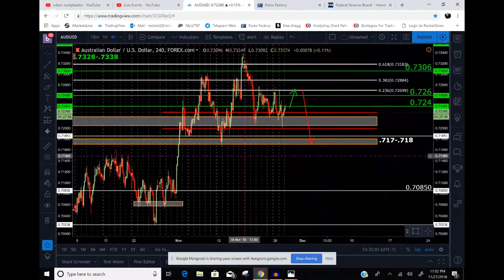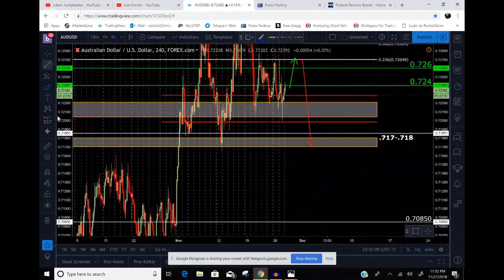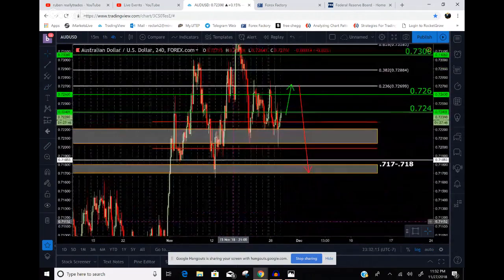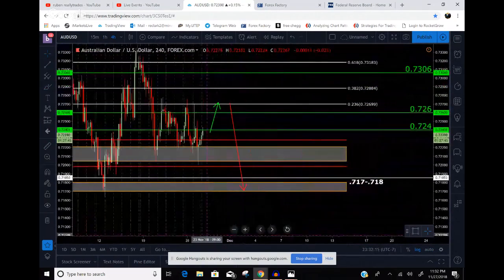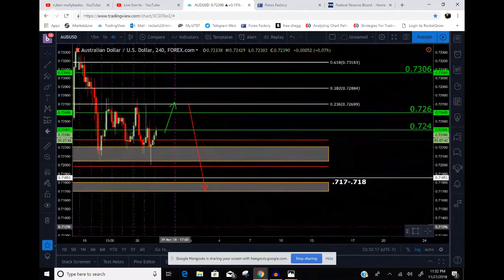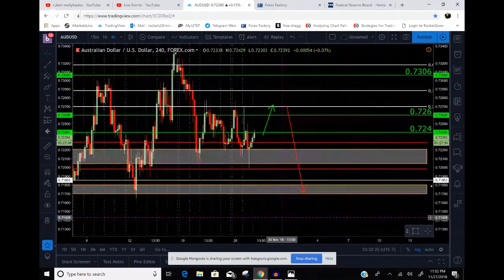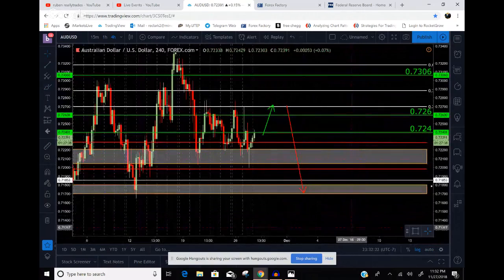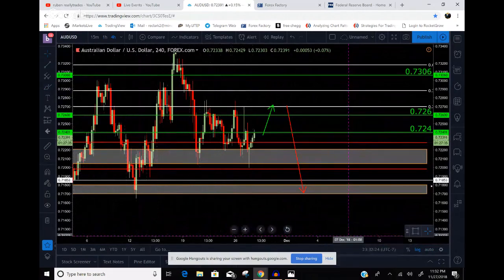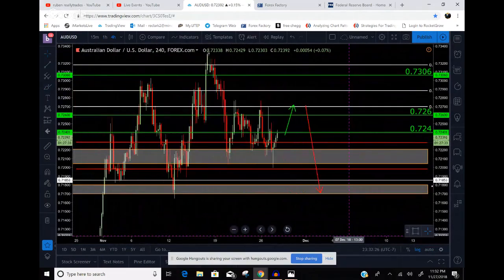So anywhere around there, just because of the simple fact that we see multiple price rejections at this point. Let me just zoom in real quick for you guys so we can check this out. Okay, cool. So right here, let me just make this to where our 0.236 is showing.